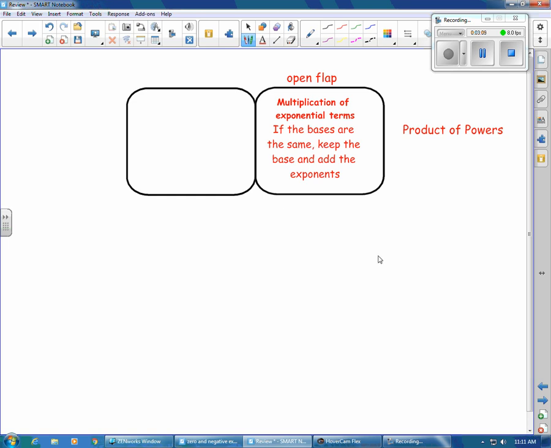So again, let's go with x's. If I've got x to the third power times x to the fourth power, that's going to equal x to the 3 plus 4 power, or x to the 7th power. And that would be my final answer. Hopefully this is ringing bells for you and you're like, oh yeah, review, cool.